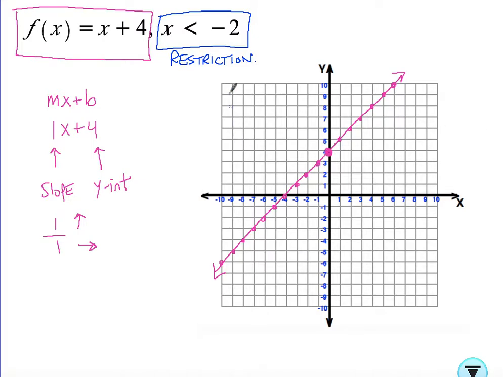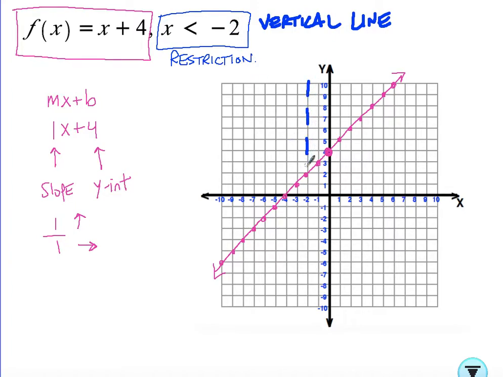All right, now the restriction is going to be, well, this x less than -2, that represents a vertical line. And that vertical line is going to act as like an invisible fence or a barrier. And this vertical line is at -2.